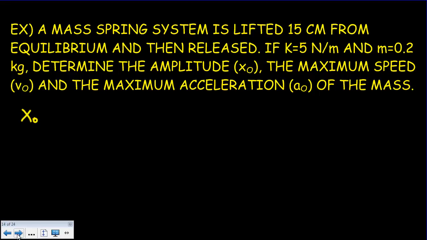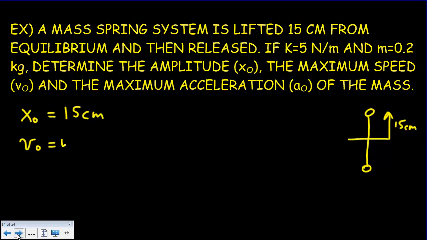Okay, so hopefully you said that if you lift an object by 15 centimeters from equilibrium, it will oscillate between two extremes 15 centimeters away from equilibrium. And that means your amplitude here would be 15 centimeters. Next, you're asked for the maximum speed. So v naught is equal to omega times x naught.